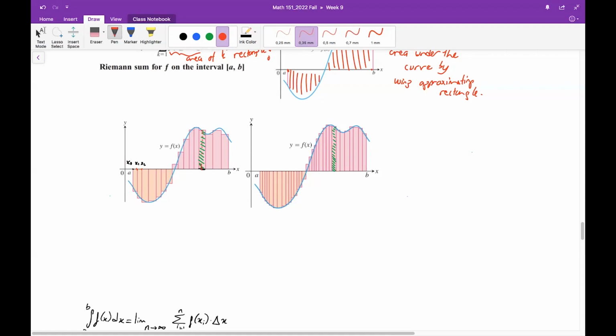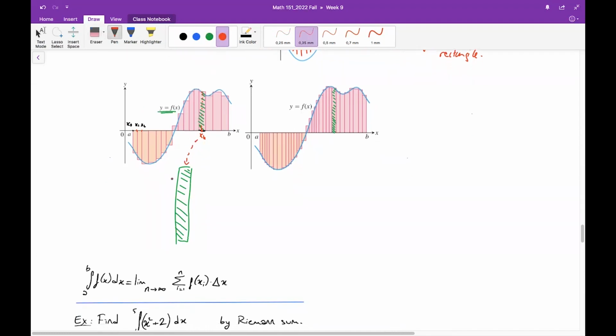Okay, xk is somewhere here. And let's zoom into this part, make it a bit bigger like this. And the height of this rectangle is coming from the image of this y. Here, it is already here, y equals f of x curve evaluated at this midpoint, right?